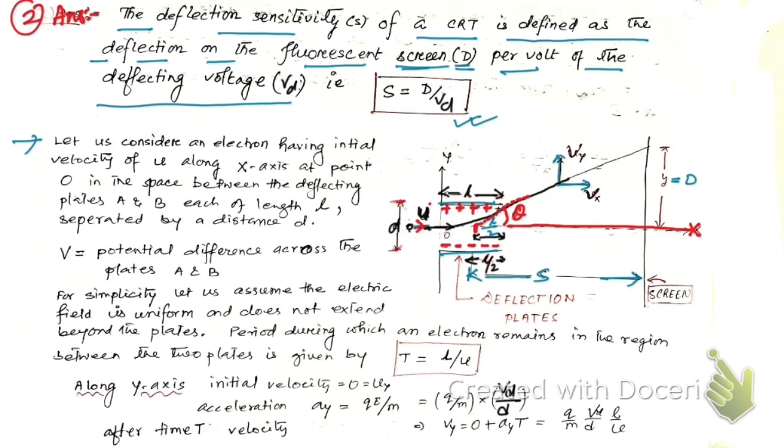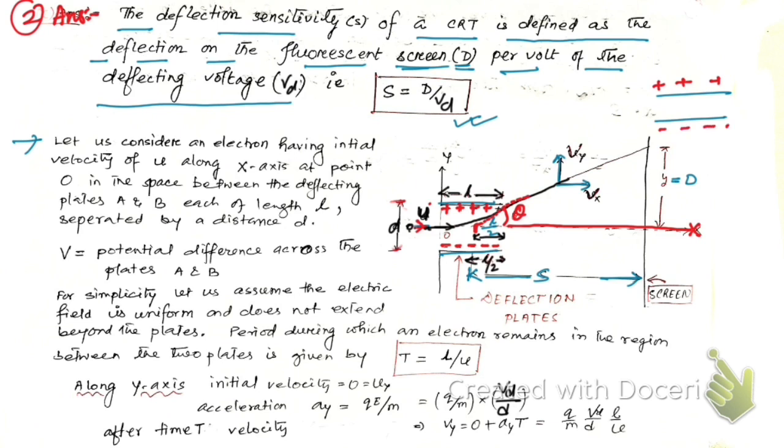Now consider the period during which the electron remains in the region between the two deflecting plates, the positive and negative plates.